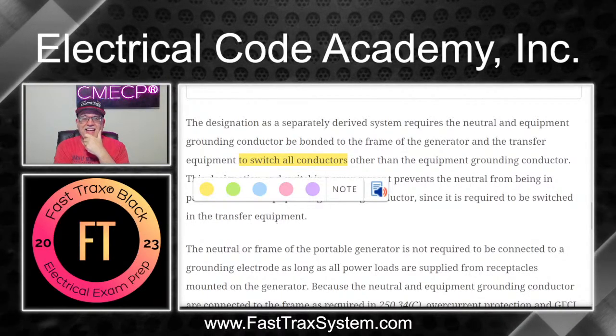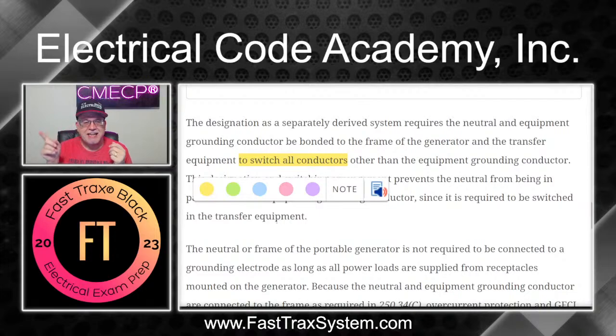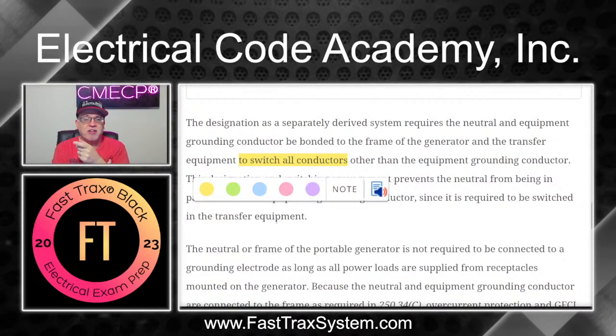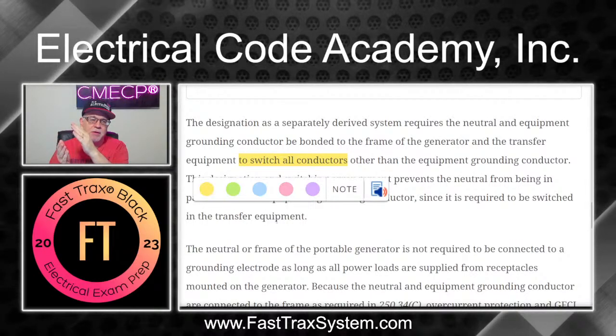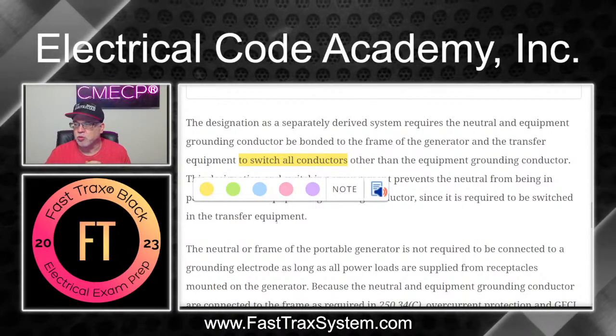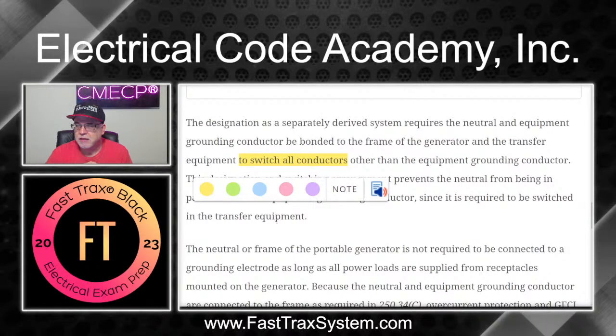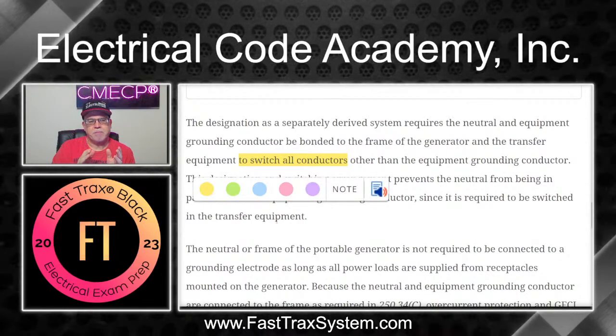Well, that's a problem because it allows circulating currents to go back through the generator from the service, and since at the generator the neutral is connected to the frame and also the equipment ground, it allows for parallel paths of this neutral current to travel, right? And so that means that metal parts can become energized, right? It's part of that neutral path. So that's an unsafe condition.